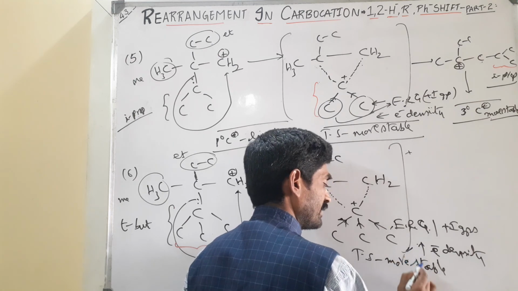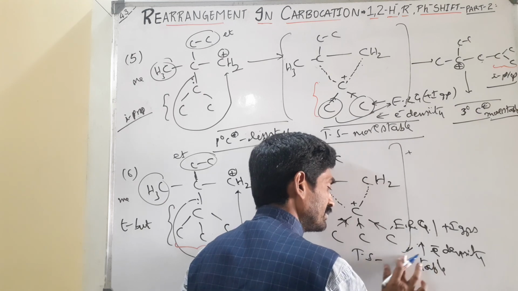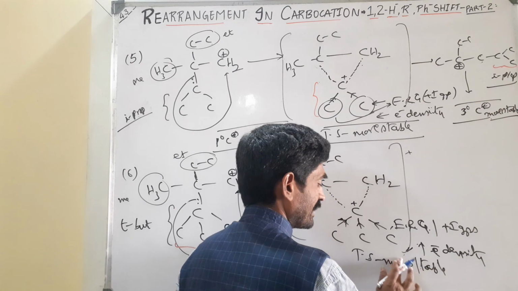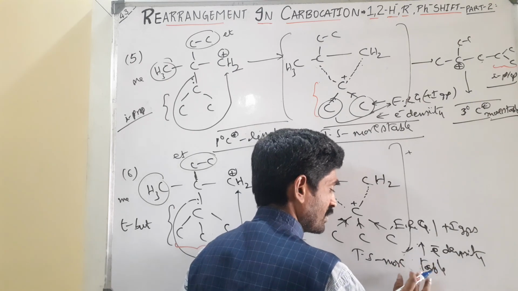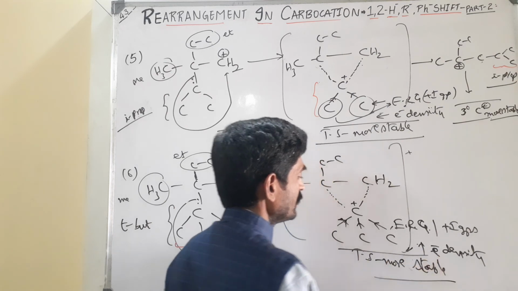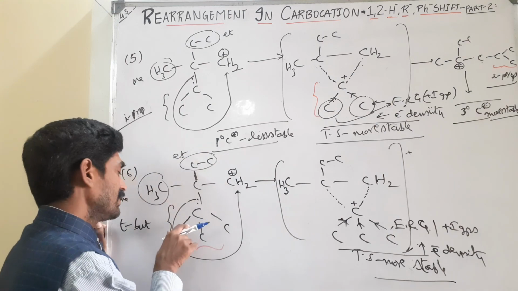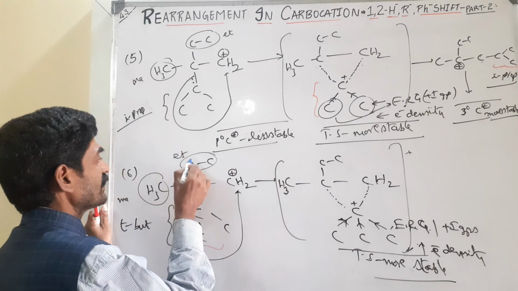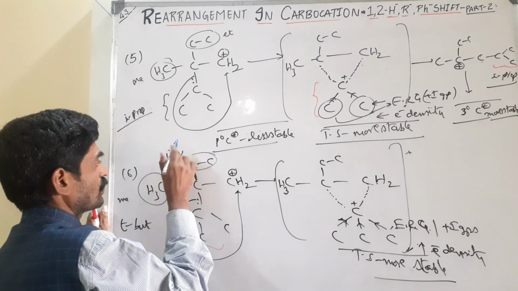So that's why, rather than methyl group and ethyl group shifting, tertiary butyl group shifting takes place, and you get a more stable product. Or maybe if they give one more here, now it is an isopropyl group.